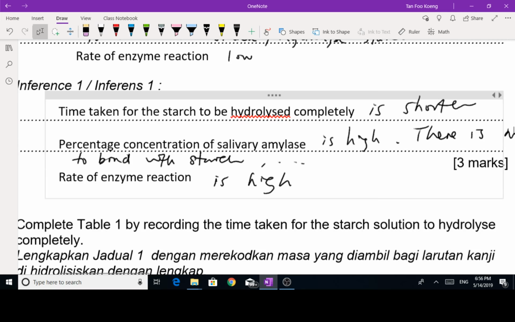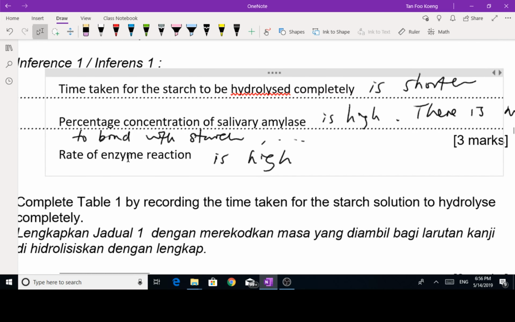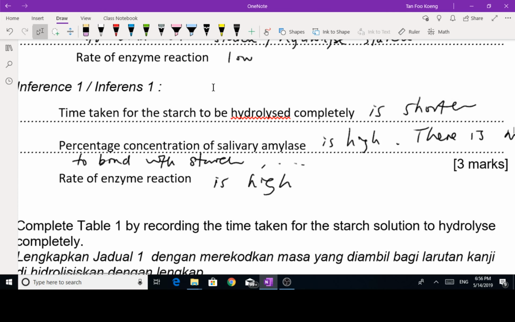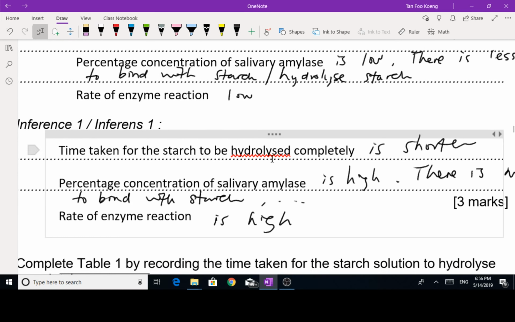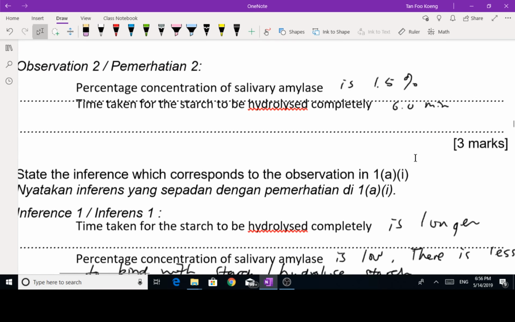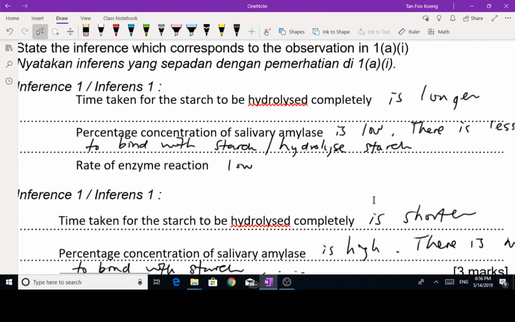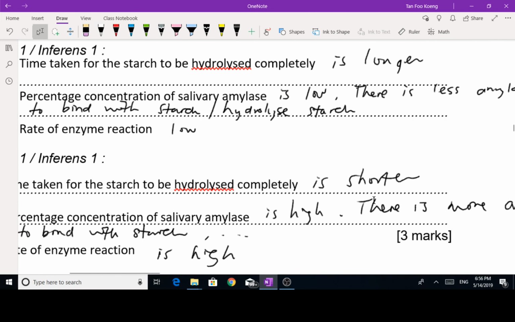Okay, so you get 3 ticks for these 3 criteria. And then inference number 2, we are going to talk about observation number 2. Now, like the previous one, the time taken for the starch to be hydrolyzed completely is shorter, because it's 6 minutes. Then let's relate it to the MV, because the concentration of the amylase is high, so that's why there is more amylase to bind with the starch.